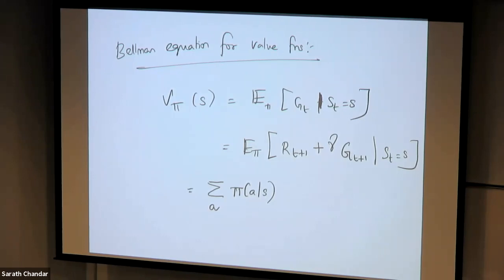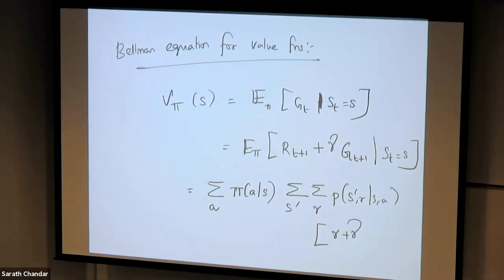Then we sum over all possible s dash and r, the probability of s dash comma r given s comma a, and the inner term is basically r plus gamma times the expected value of Gt plus 1 given St plus 1 is equal to s dash, right? So what I have done here is just expanding the expectation with respect to the policy and also the next states and rewards.